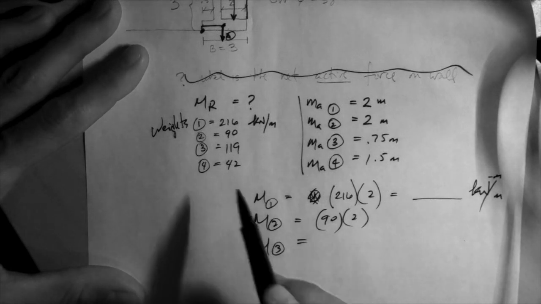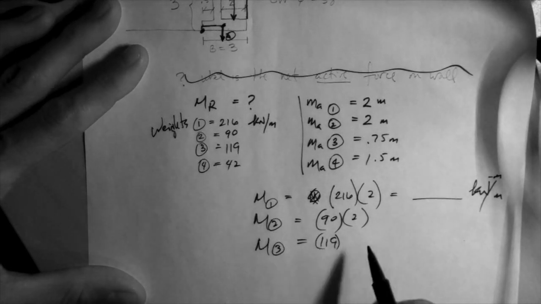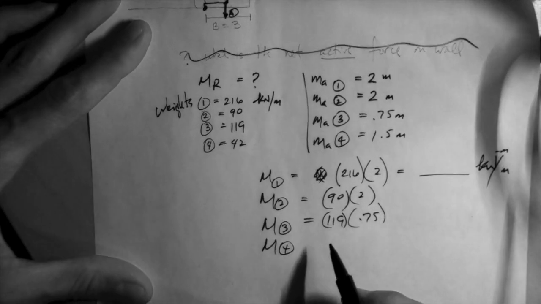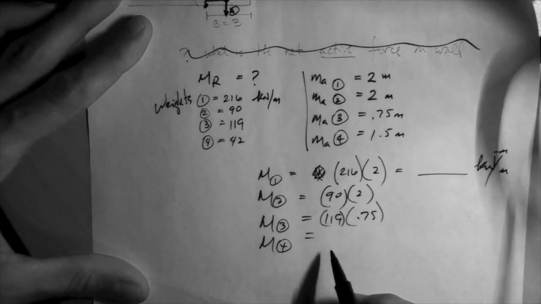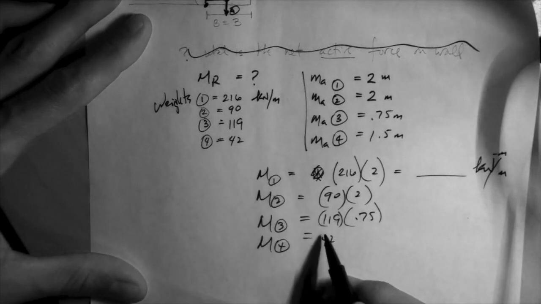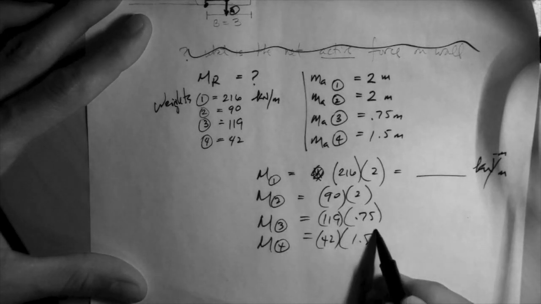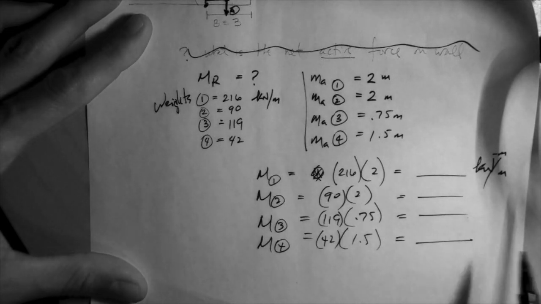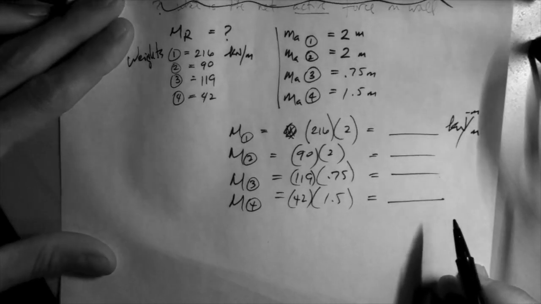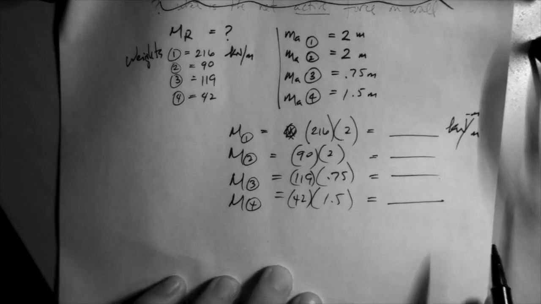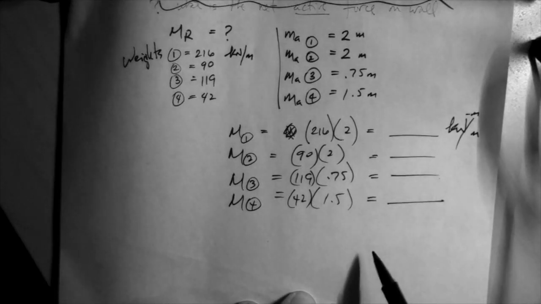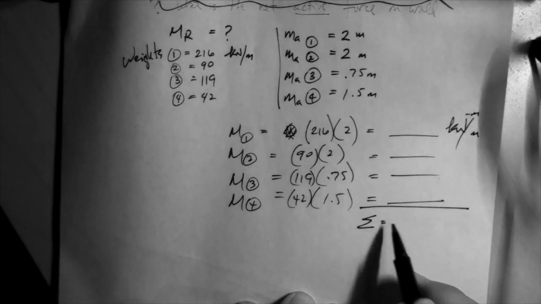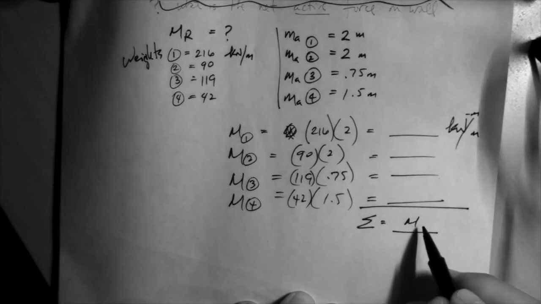Moment 3, 119 times 0.75. Moment 4 is 42 times 1.5. Right? You can calculate this. Press pause and calculate. Okay? And then what you do is you sum. The sum is the resisting moment.